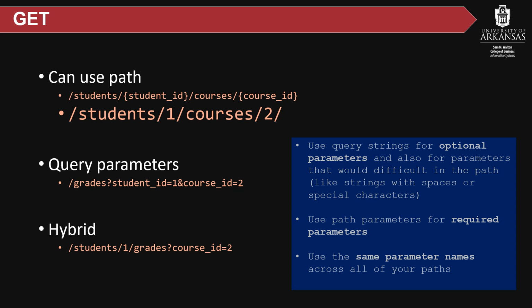Here are some examples of how we might get data from the API, which exposes a database of students and grades and courses. Notice here, the first example uses a path. We're using curly braces to note variable content. So you see here the path is defined as students, and then a particular student. And then we're asking for the courses. And finally, a particular course.